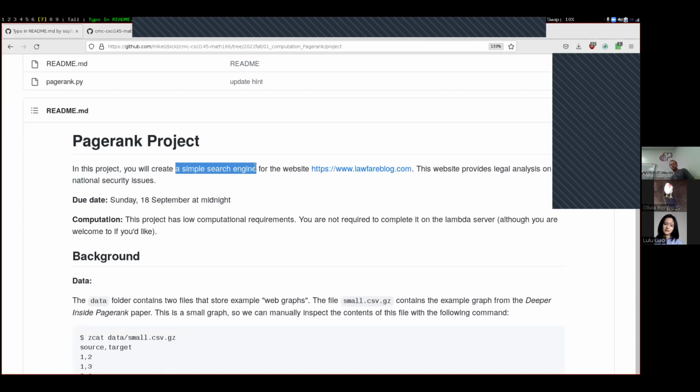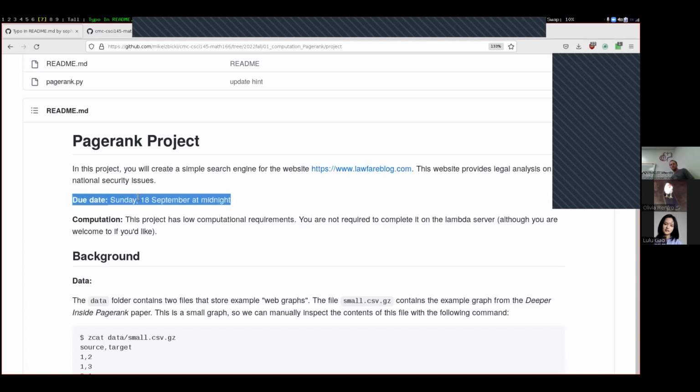And we're not going to do it over the entire internet. We're just going to do it over a very, very small subset of the internet, just this one blog right here, a kind of interesting one, lawfareblog.com, where they talk about different national security issues. And you'll be making the search engine for this website.